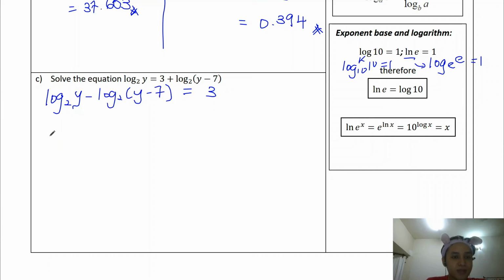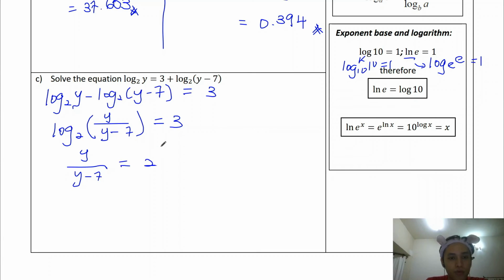So since this one is minus, I simplify it. Log 2 of y divided by y minus 7 equals 3. And remember, you shift the log to the other side. So y over y minus 7 equals 2 to the power of 3.